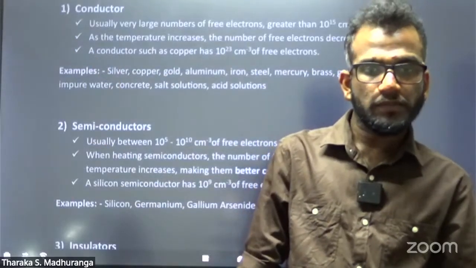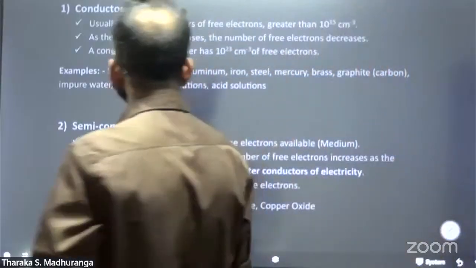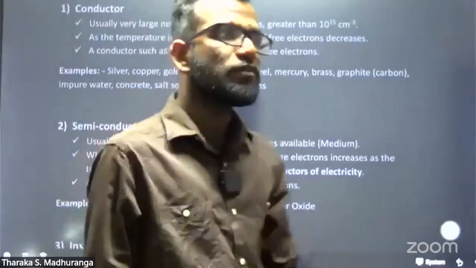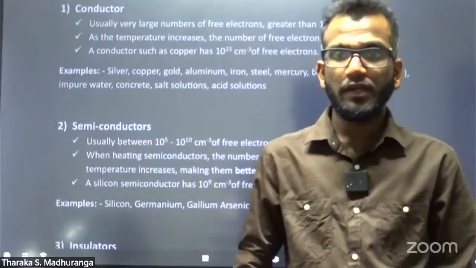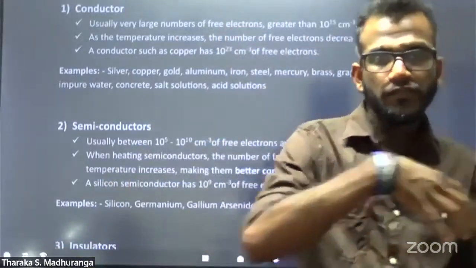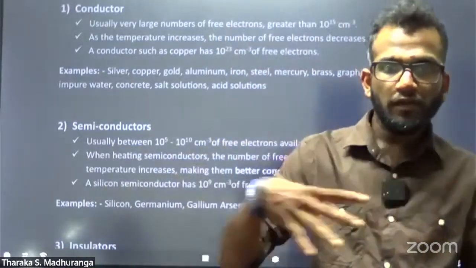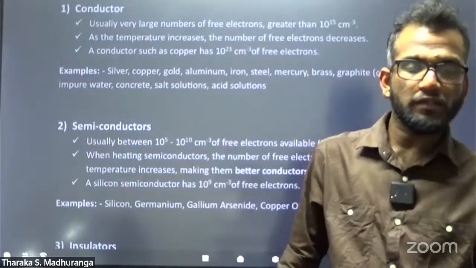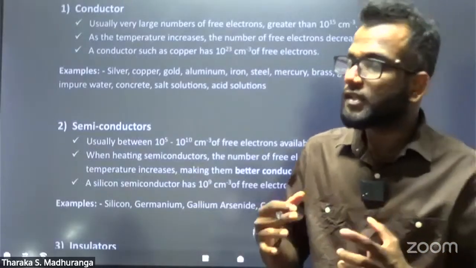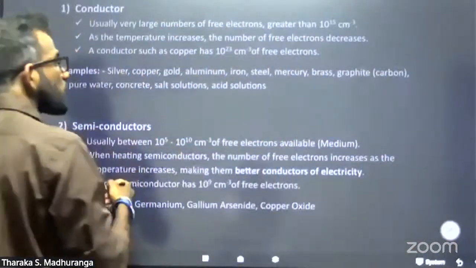That many free electrons should be there if it is a conductor. Conductor means it can transfer a large electric current. The reason is it has a bulk of free electrons.